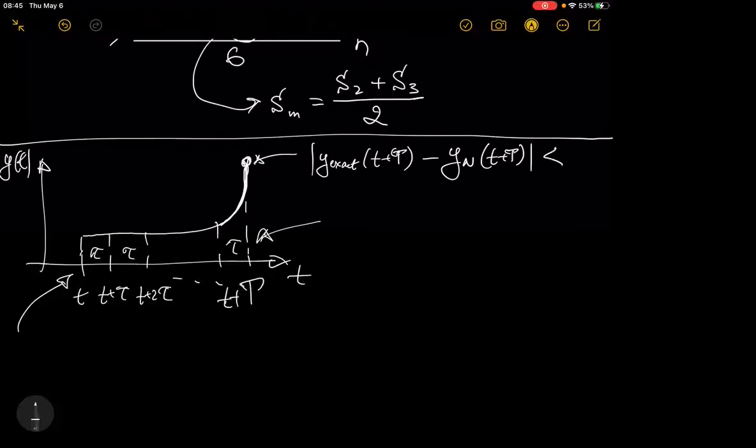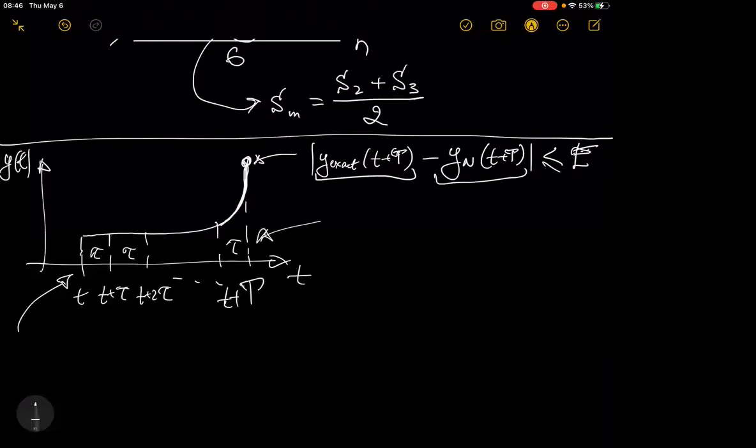It has to be less than some tolerance, so let's say E is less than or equal to the required tolerance. The only problem is that, of course, you don't know the exact solution at this point. Otherwise, you would not need to do numerical computations, right?